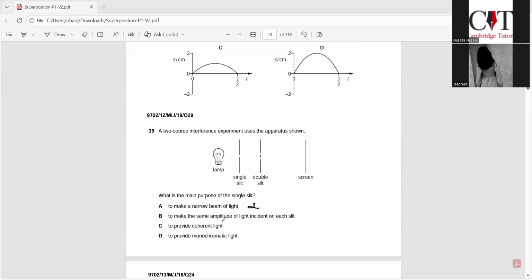To make the same amplitude of light incident on each slit, that's also not possible, because when diffraction happens, the center would be of higher amplitude, but if you go downwards, it would be of lesser amplitude. Yes or no?